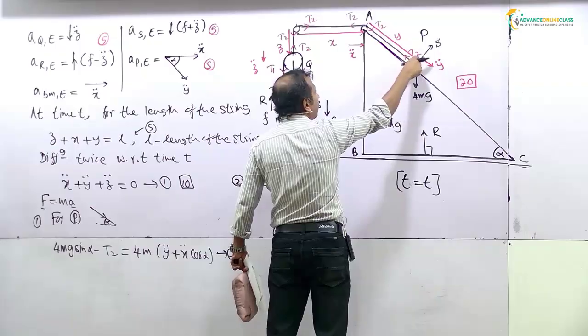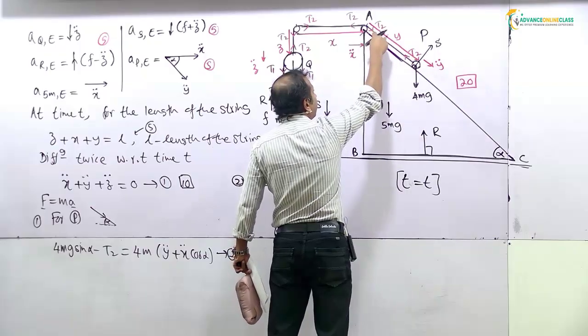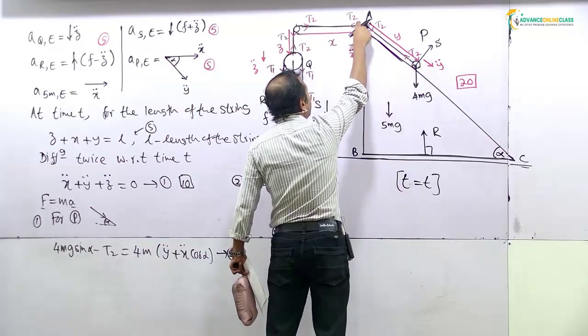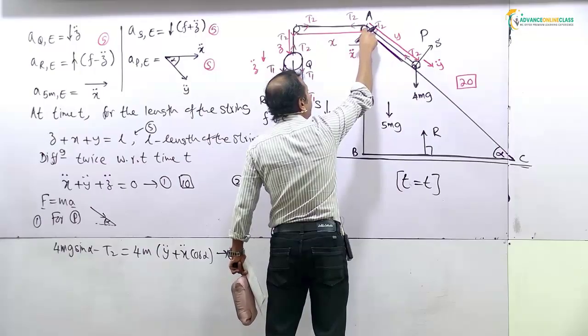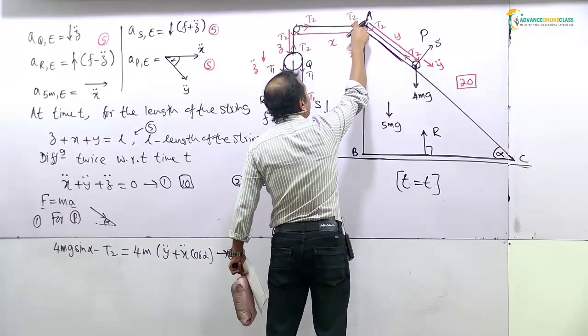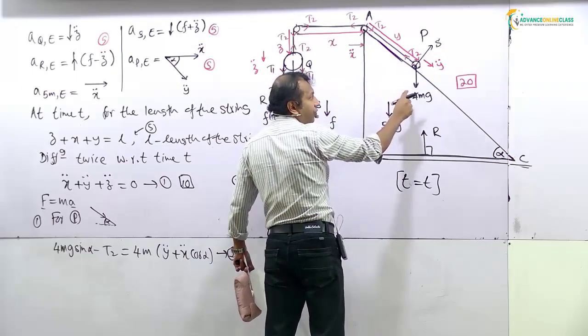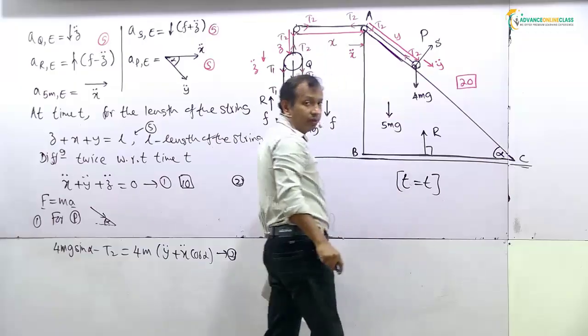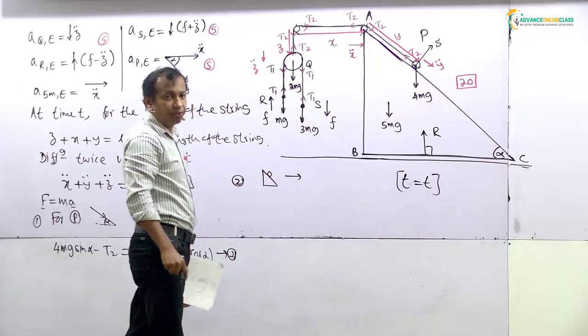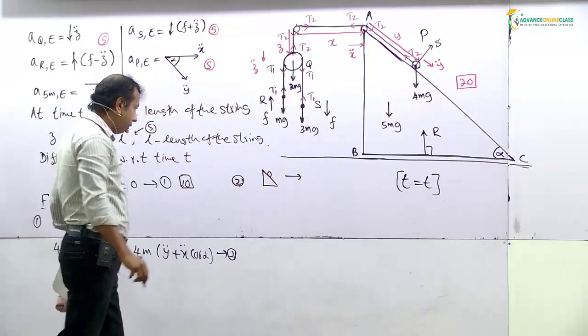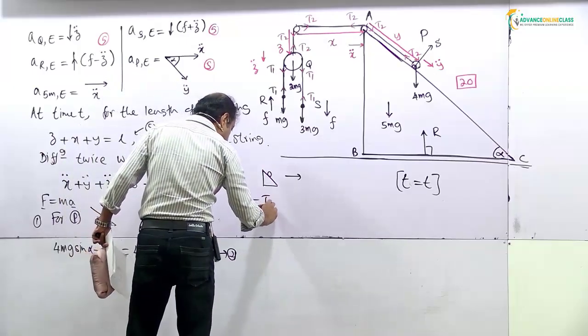This and this will cancel. This T2 is the only external force acting on the system, the wedge and this particle, horizontally. So minus T2 comes in there, as the external force.